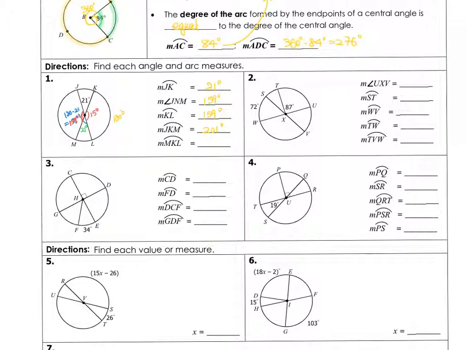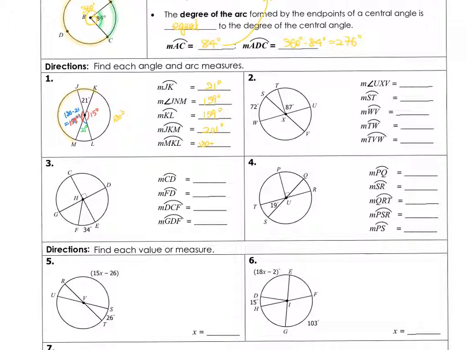And arc measure MKL. MK, from M to K, is 180 degrees.